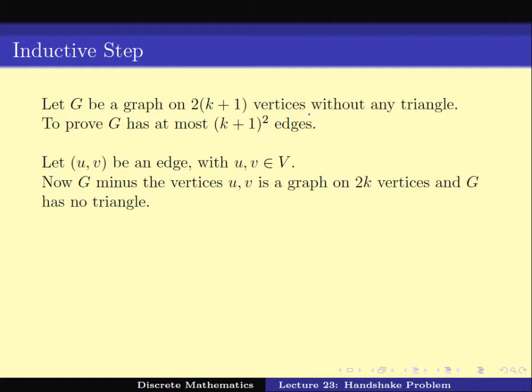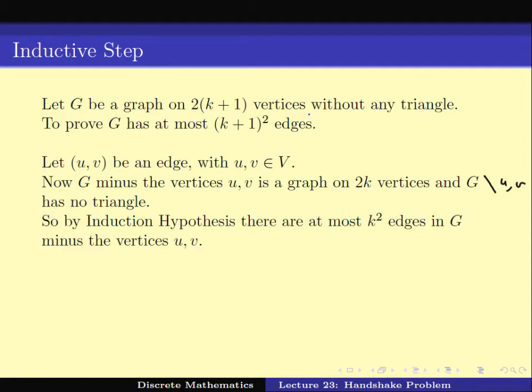And since G did not have a triangle, this new graph, G minus UV, also does not have a triangle, right? Because a triangle cannot be produced by removing two vertices.